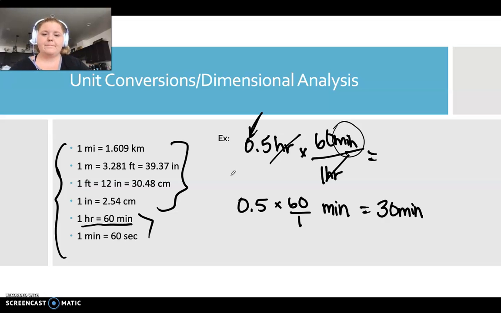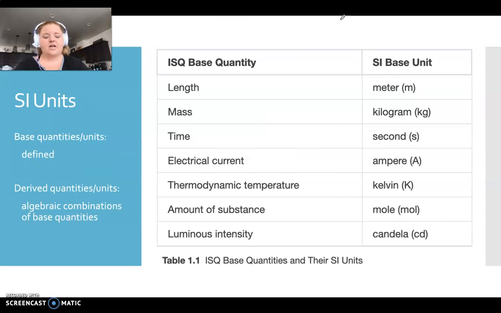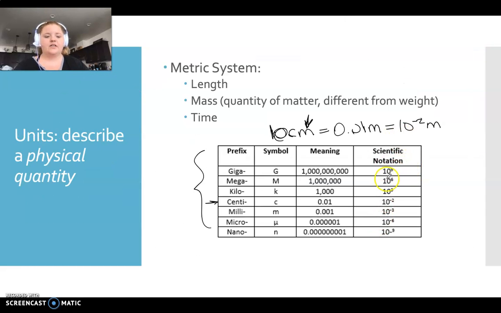You can also use this when you are given a mass in grams. Say you have 2 grams of something and you need it converted to kilograms. You can use the scientific notation chart that I showed you earlier.